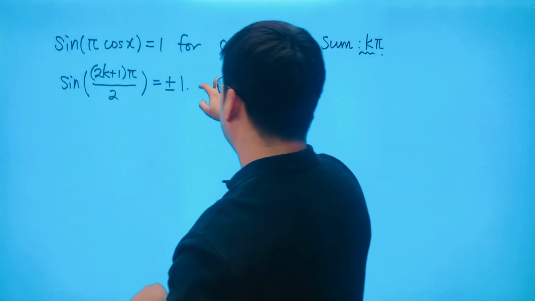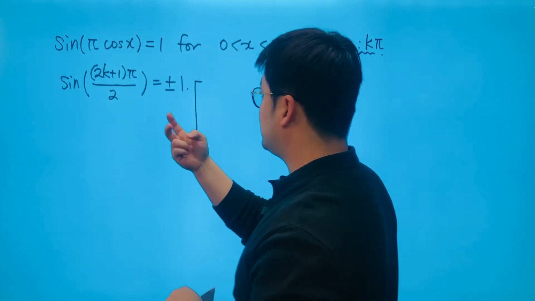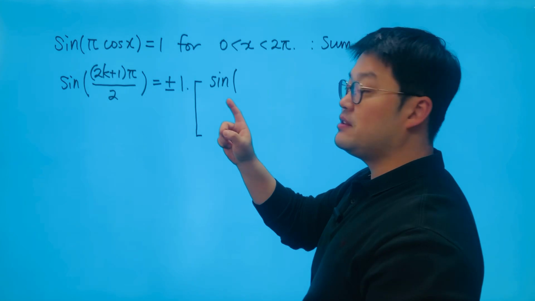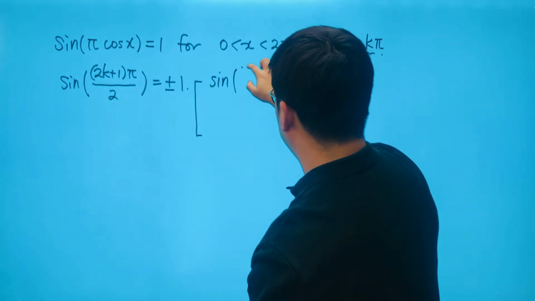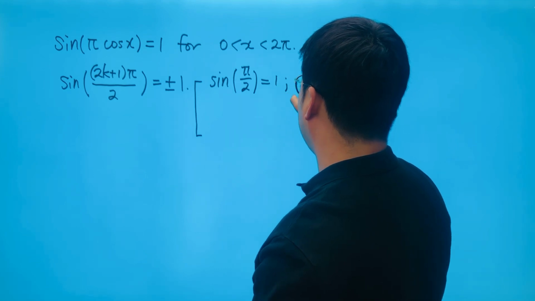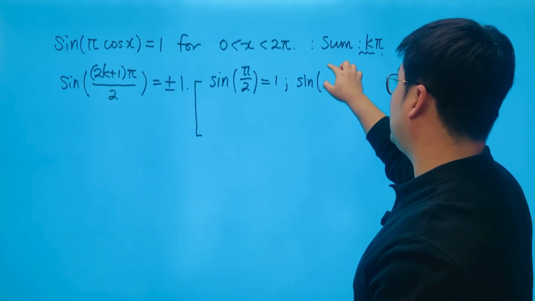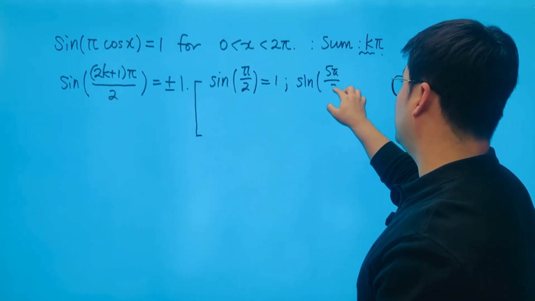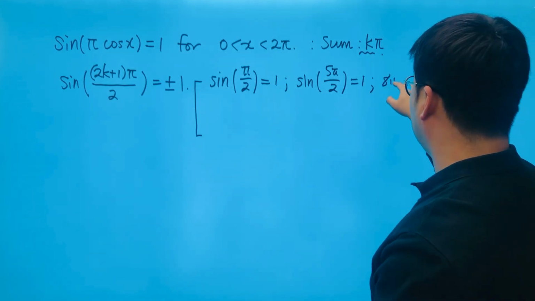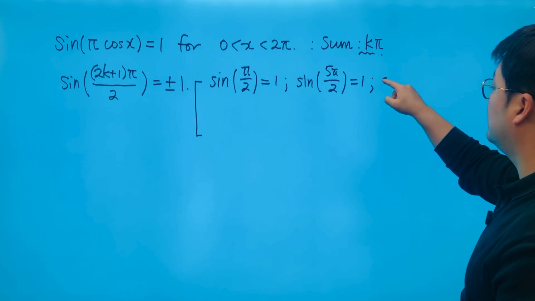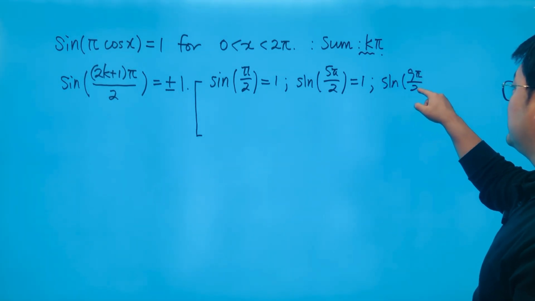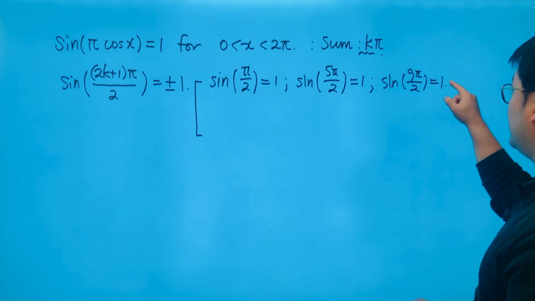However, we need to distinguish it into two parts. sin(π/2) equals 1, and at the same time sin(5π/2) equals 1, and sin(9π/2) equals 1, and so on.